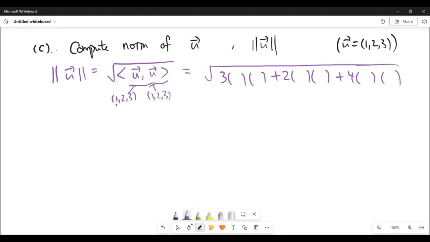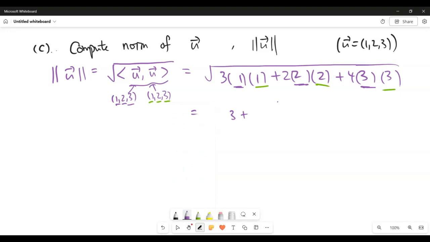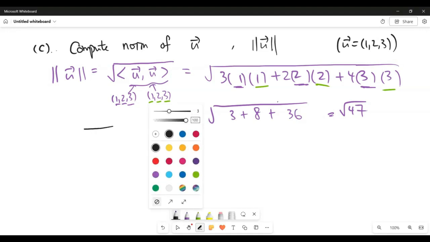Once again, for the first component, first bracket, for each term I use the purple underline, and the second one I use the green one. Please do your calculation now. It's 1, 2, 3, and 1, 2, 3. I think it's the same as square root of 47, and that's the norm of the vector u. We can compute it once we understand the inner product.